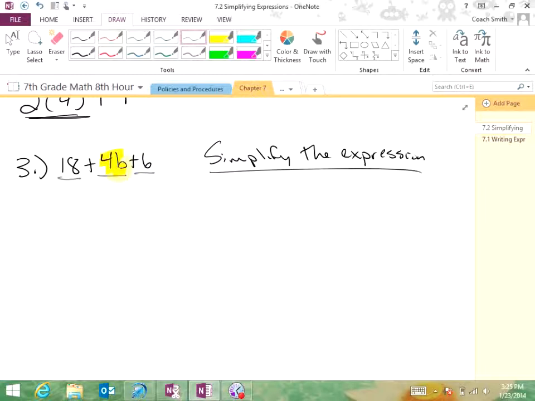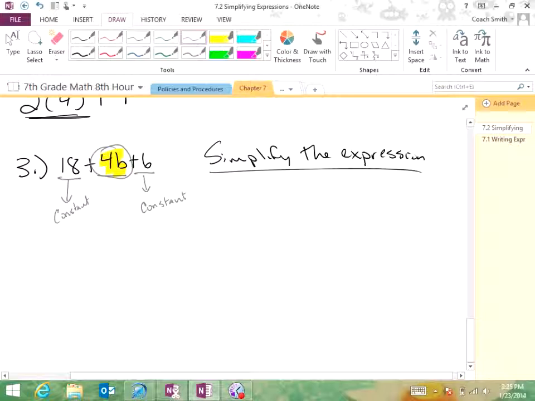So, is there any other b's in the other two terms? No. So that term is not like any other term. Okay? So, this is a constant. This is a constant. Can we put two constants together?